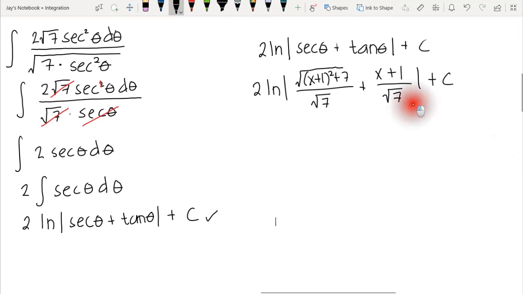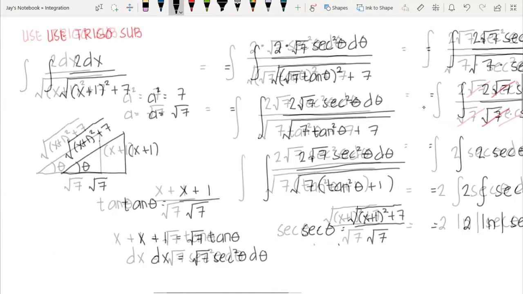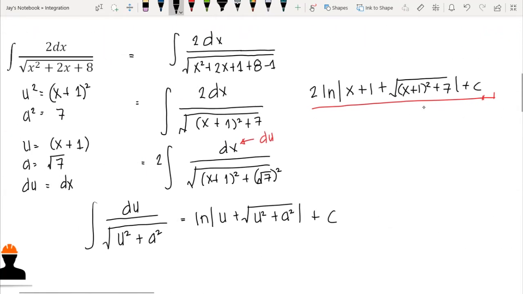This should be our answer. However, from our previous solution, we have eliminated square root of 7 in our answer, correct? How did we get this one? Which in fact our answer using the trigonometric substitution has a denominator of square root of 7, and we have to get the same answer as this one.